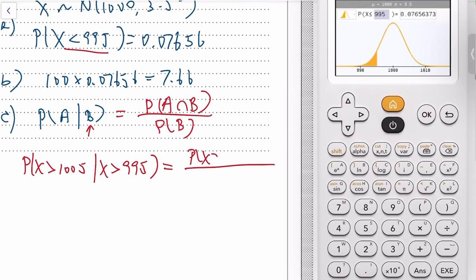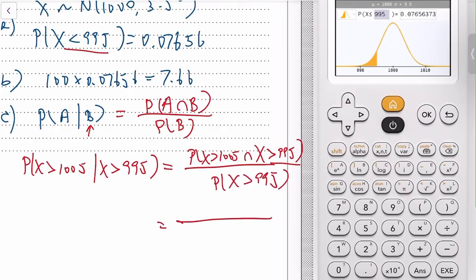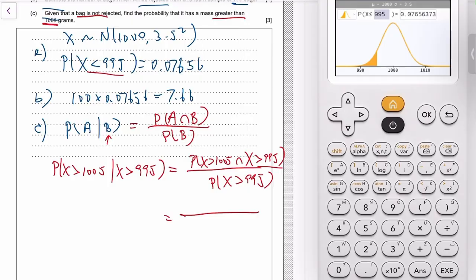Alright, then you have A intersect B over the probability of B. If you think about it, the probability of x being less than 995 was this. So for bigger, we have 1 minus that.